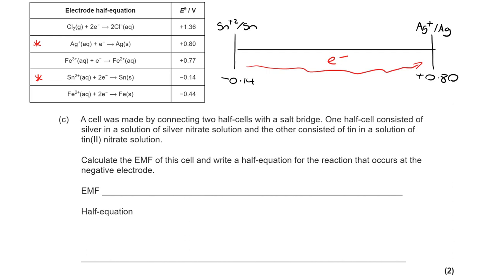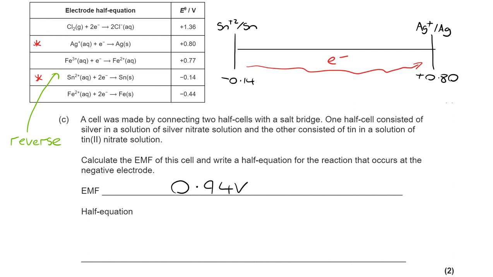Now, in terms of working out the EMF, it's simply the difference. Alternative name for voltage is potential difference. So it's the difference between the two values. To get from negative 0.14 on the number line to 0.8, you're going up by 0.94 volts. But for the half equation, we're going to go back to that number line because it is so important.